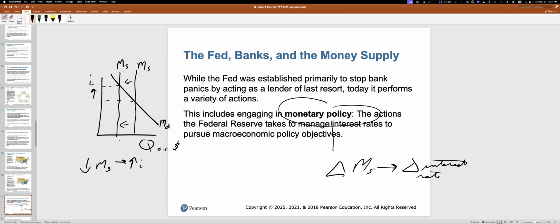And so what we see here, why should that matter? Because the amount of the money supply is in turn going to determine how much consumption we have, how much investment we have, and other kinds of economic activities.